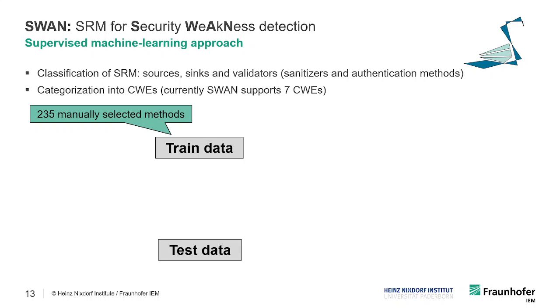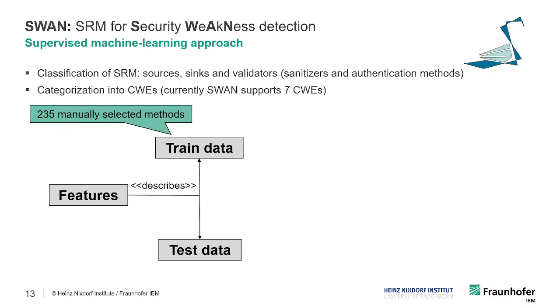So if you want to use SWAN, then any application code that you have or library code that you have, and you want to infer the methods from that set as SRMs, then all of those methods will be considered as test data. The training data is actually used in combination with the features.